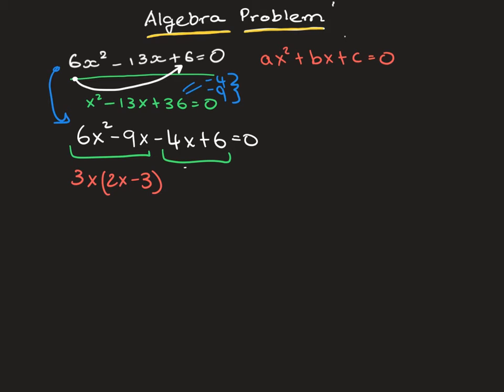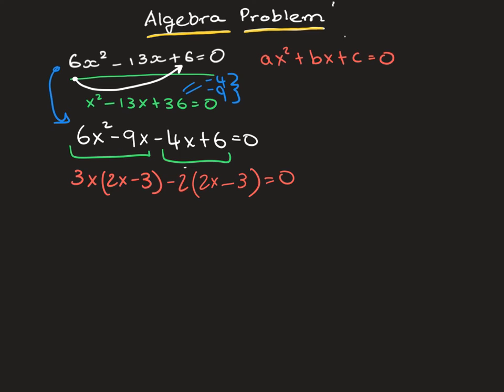And then with our last two terms, which is minus 4x plus 6, when factored, the greatest common factor is negative 2, so minus 2, and that'll be 2x plus 3. Sorry, 2x minus 3. Times 2x minus 3 is equal to 0.